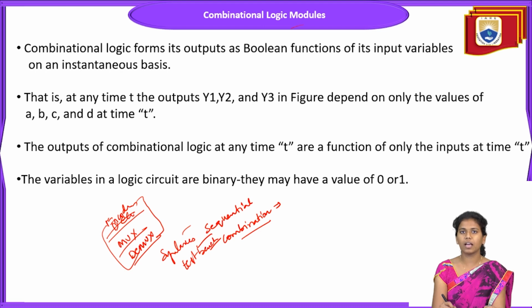What does it mean, and what sort of implementations can we do easily in order to get an output? Coming to this combinational logic module, the combinational logic forms its output as Boolean expressions, Boolean functions of its input variables, on an instantaneous basis.